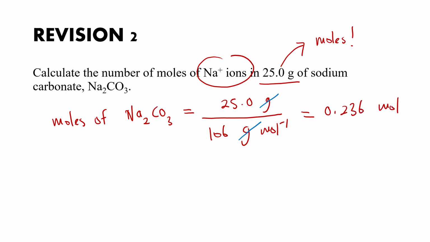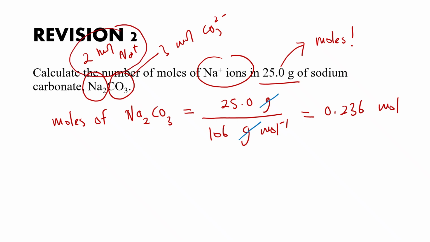Okay, so done. Now nak cari pula number of moles untuk Na plus ion. So dalam sodium carbonate kita ada sebanyak 2 mole Na plus dan 1 mole carbonate ion. Okay, so we are looking for 2 moles Na plus. So you can do the perkadaran. In 1 mole sodium carbonate, okay, equivalent to or mengandungi sebanyak 2 moles Na plus ion.